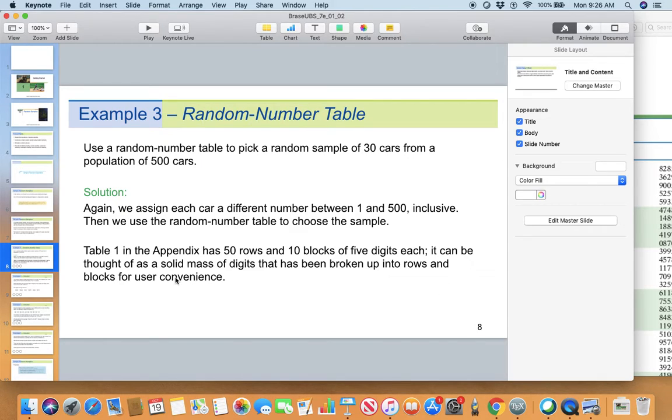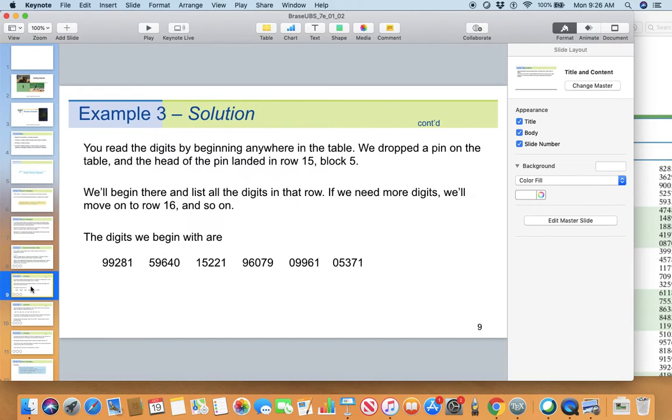Now, it can be thought of as a solid mass of digits that has been broken up into rows and blocks for user convenience. Okay. Now, how do we read digits? Well, in this particular example, we drop a pin on the table and the head of the pin landed on row 15, block 5.